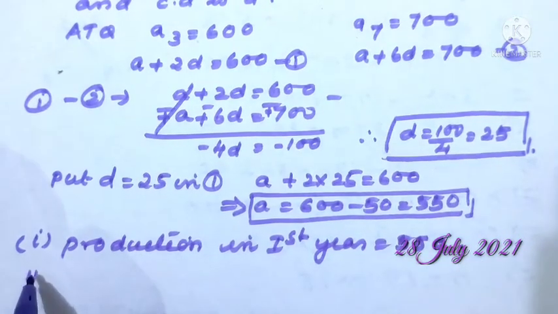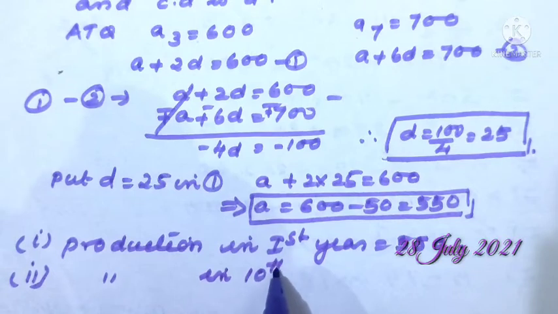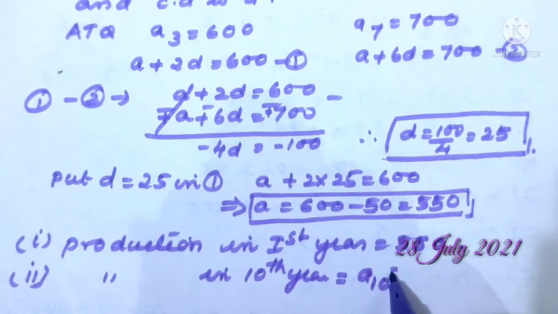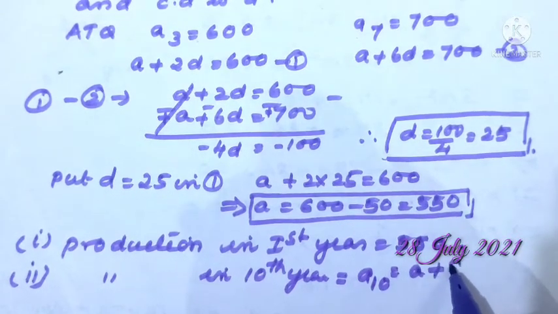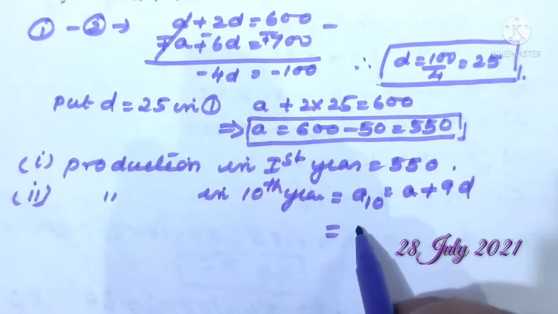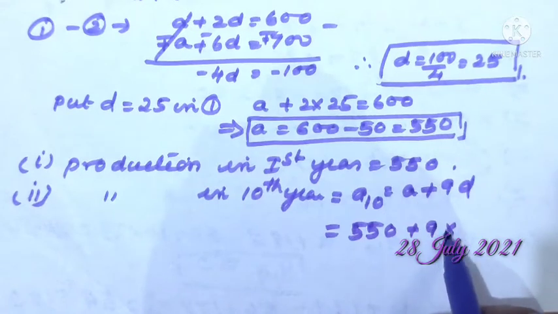The second one is production in the 10th year, that is A10 equal to a plus 9d equal to 550 plus 9 into 25.